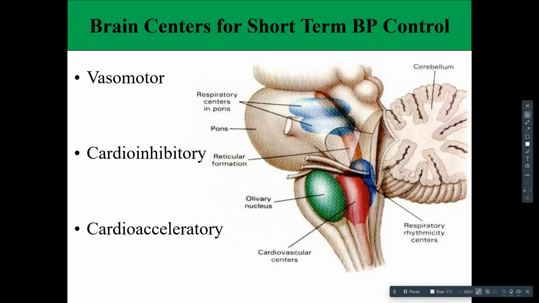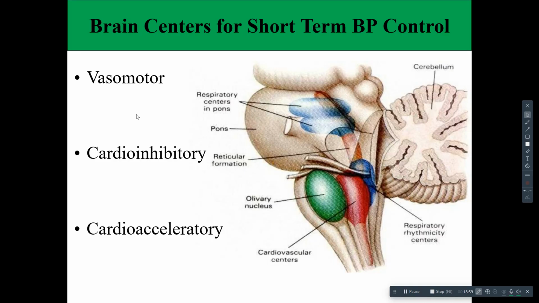There are 3 brain centers that are super important for short-term blood pressure control. Those 3 brain centers are all located in my medulla oblongata. There is a cardioinhibitory center that we met already, a cardioacceleratory center that we met as well, and a vasomotor center.